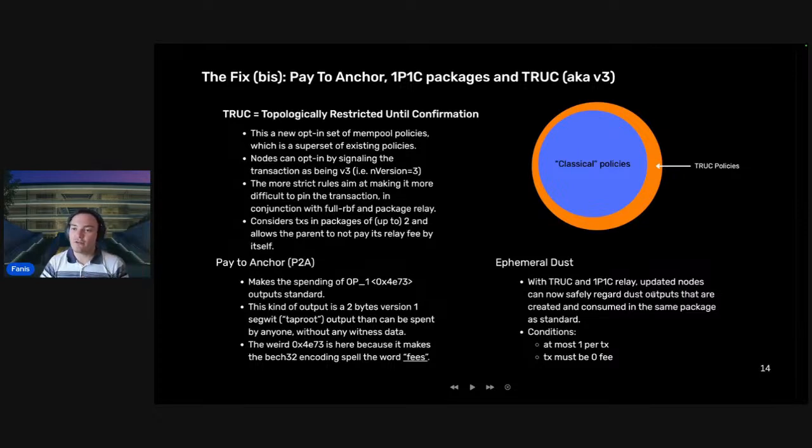It means that we don't really need to disallow the creation of this dust output, because the reason why we have this dust limit in the first place is that we don't want the UTXO set, so the number of outputs that exist at a given time, to be too big.